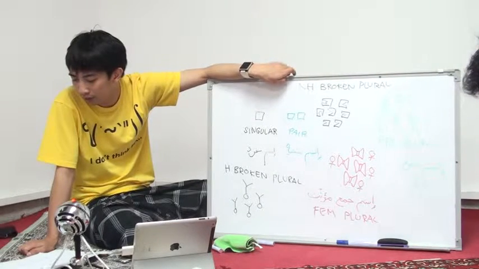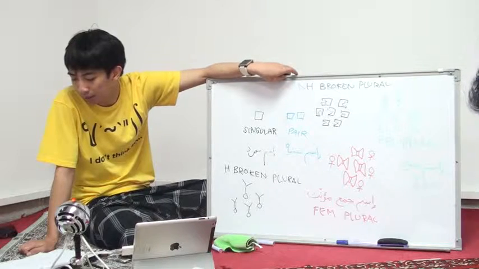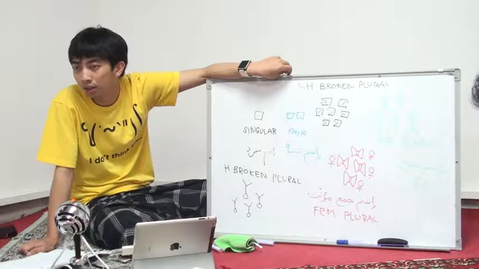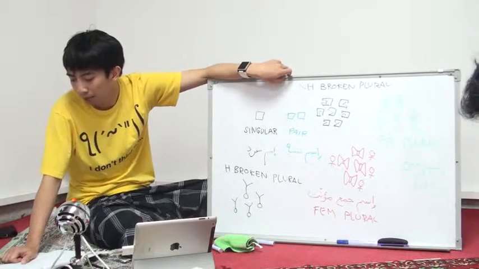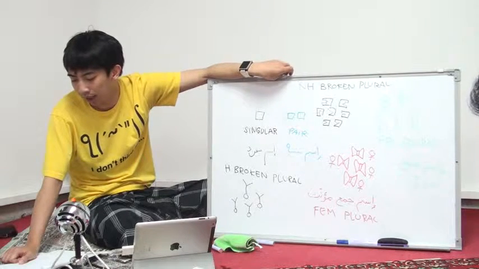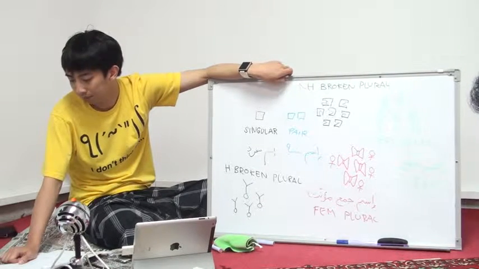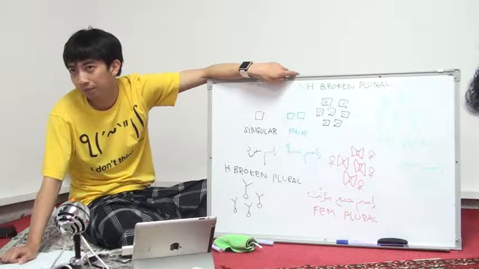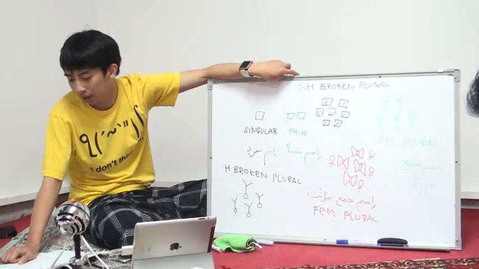Mu'ridin. Plural. What kind of plural? People plural. Bil haqqi. Al haqq. Singular.